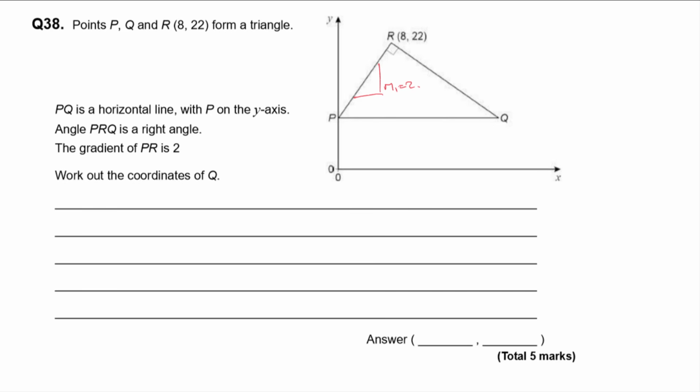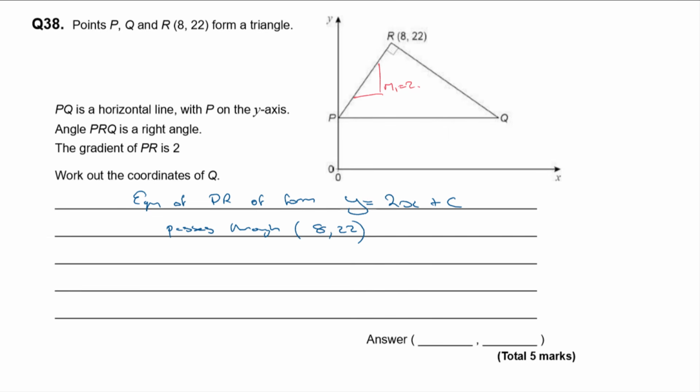Okay, so then the equation of the line PR is going to be of form y is equal to 2x plus c, because we know the gradient is 2. Okay, and we know it passes through 8, 22, doesn't it?